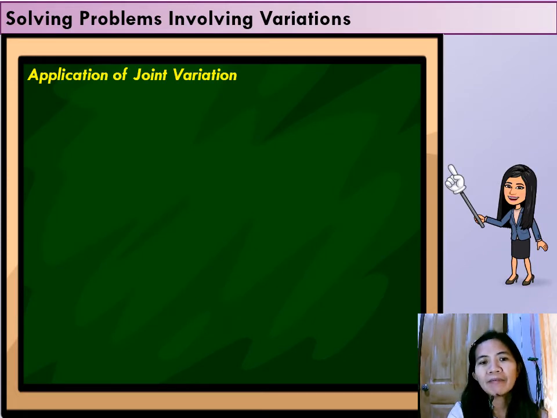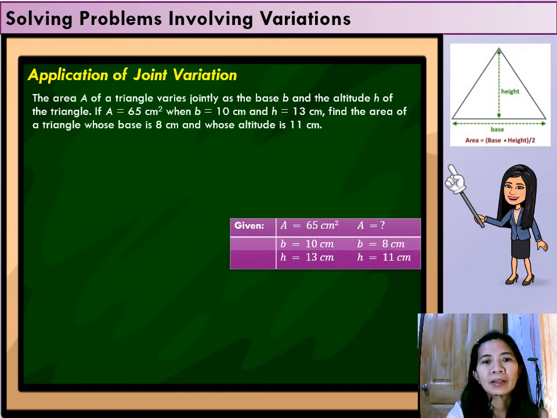So let's have now the application of joint variation. The area A of a triangle varies jointly as the base and the altitude h of the triangle.